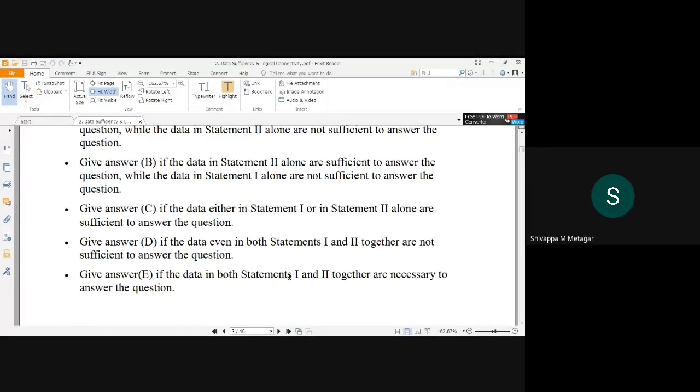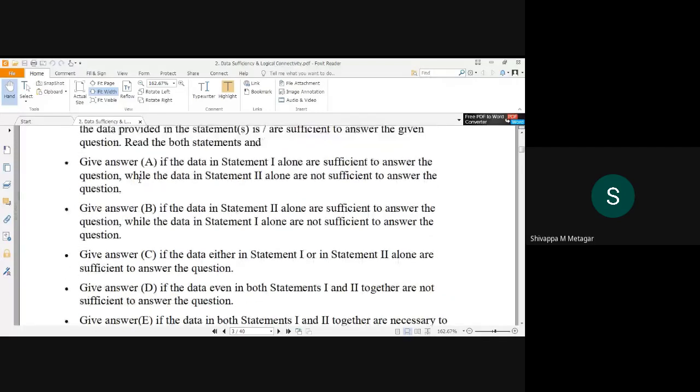We have to combine them, and only after combining is it possible to answer. In each and every data sufficiency question, you will get a total of 5 options. Out of the 5 options, you have to select the appropriate one for the given question.